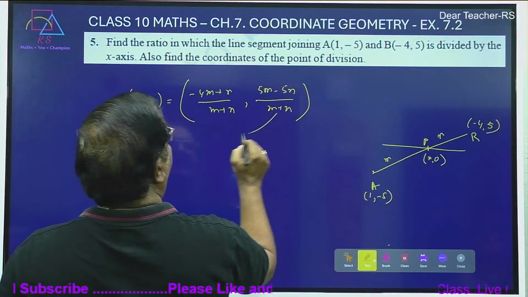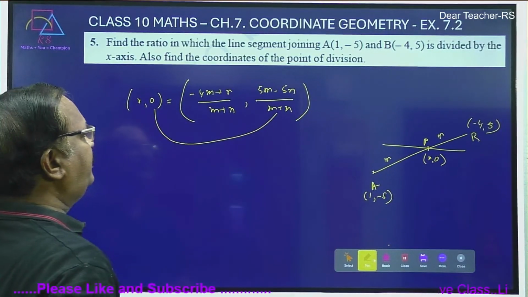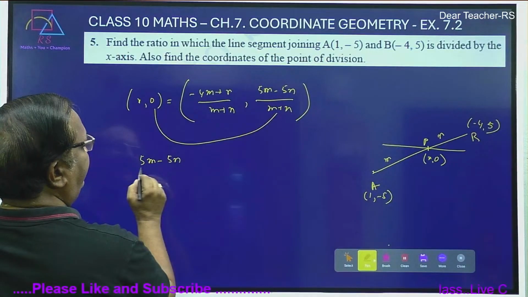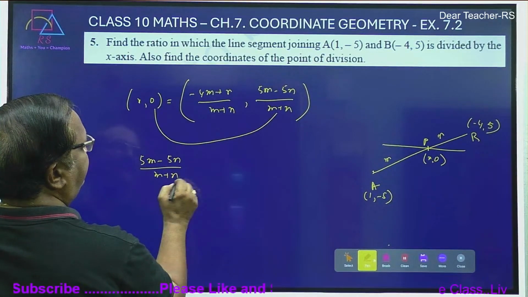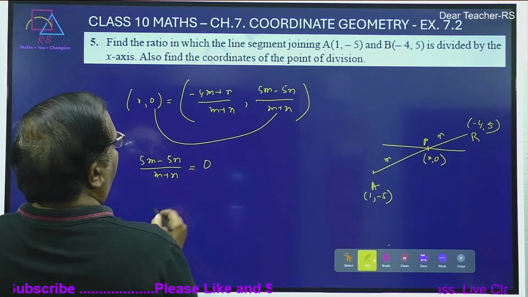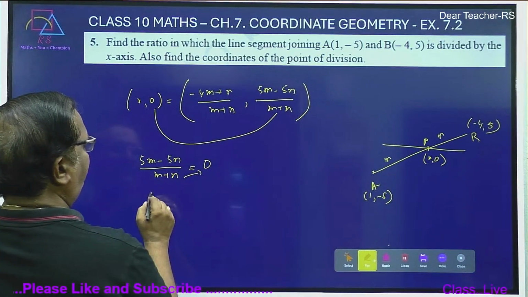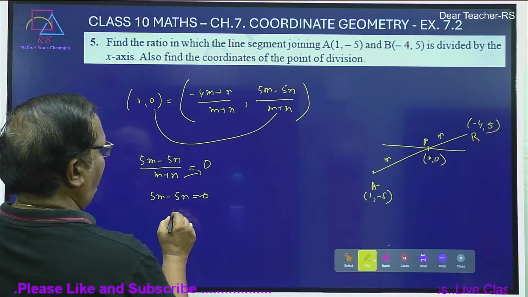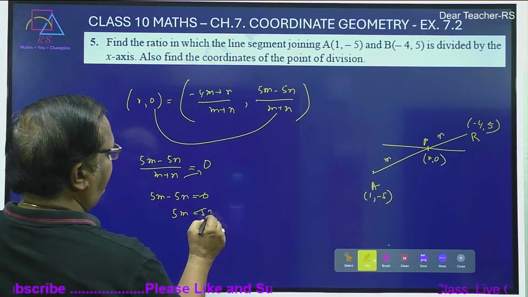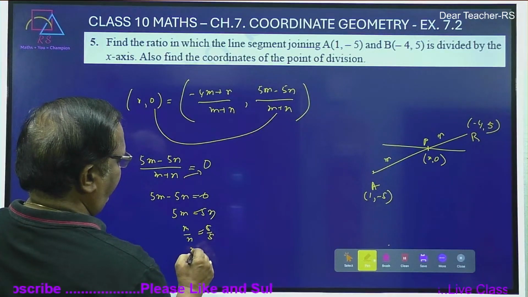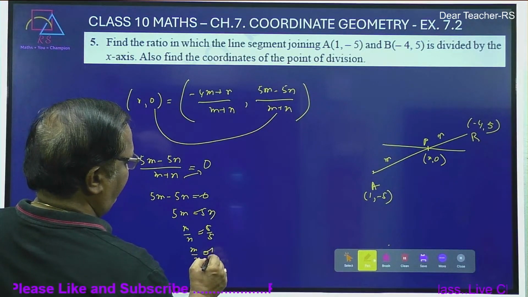So equate this to 0. So 5m minus 5n by m plus n is equal to 0. Cross multiply it. So 5m minus 5n is equal to 0. 5m is equal to 5n. m by n is equal to 5 by 5. So m by n is equal to 1 by 1.